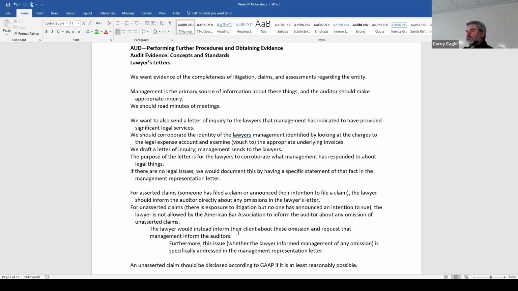It could help you identify potential claims and litigation from things they discuss in those meetings. But this whole chapter is really about sending this letter of inquiry to the lawyers. We would send these letters to the lawyers that management indicates have provided significant legal services.